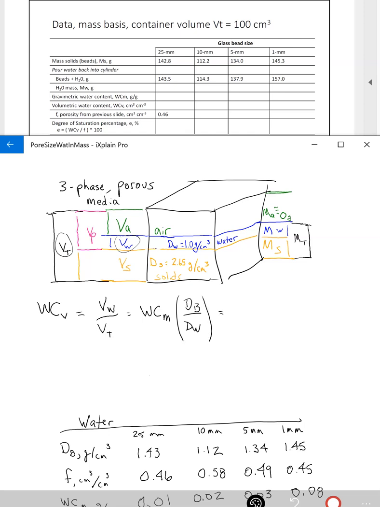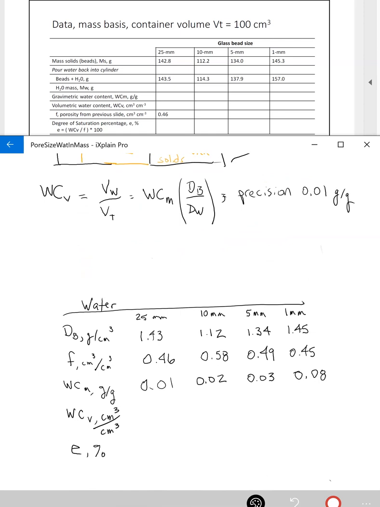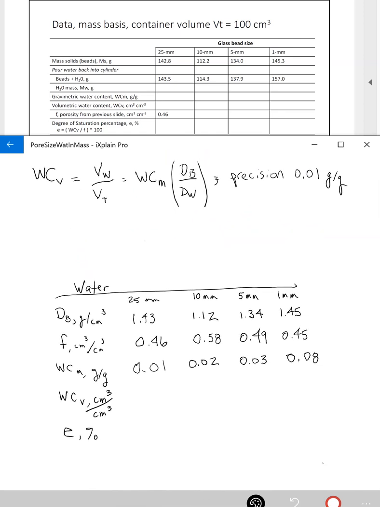Our units and precision, 0.01 grams per gram. We have all the data now to do that. I'll do the first one. You can pause, do the others, and we'll come back. So we have the water content by mass, in this case for the first one, is 0.01.